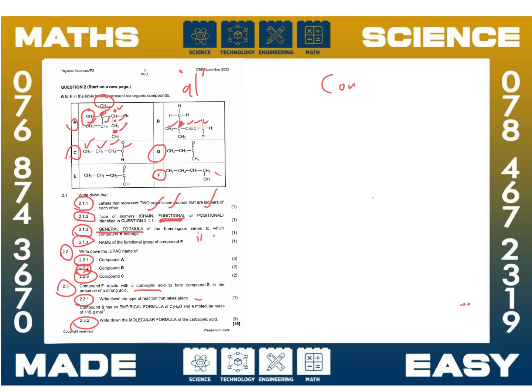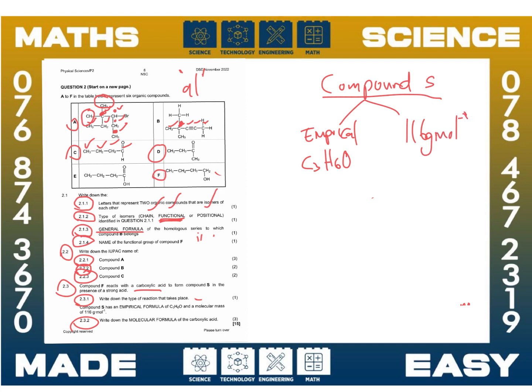Here is compound S. Remember, compound S is an ester which was formed when compound F reacts with the carboxylic acid. Now this compound S has the empirical formula C3H6O, and it has a molar mass of 116 grams per mole.